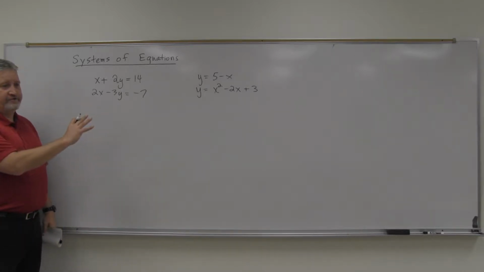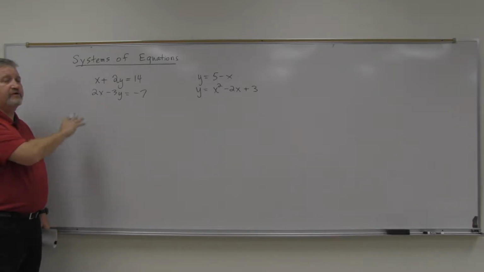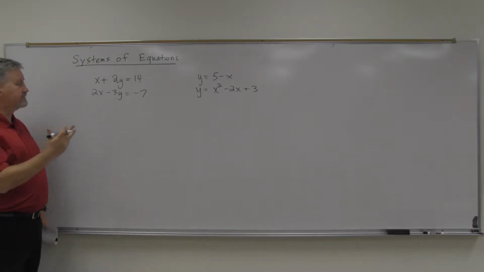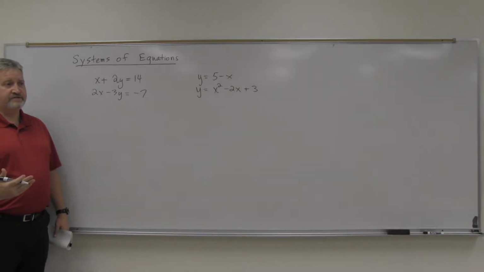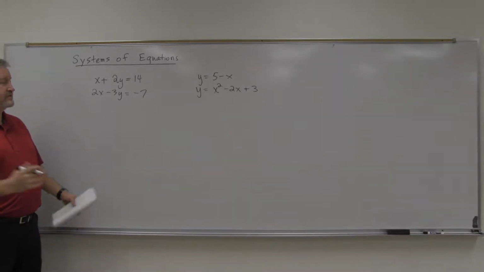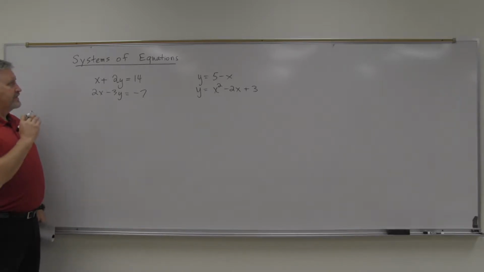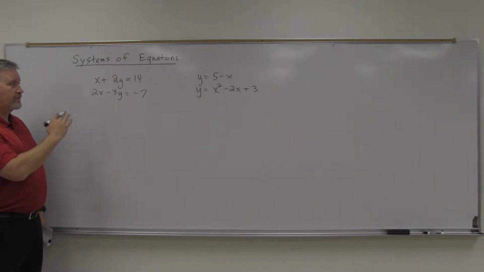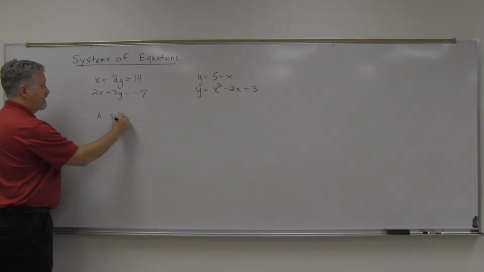So a solution to a set, and now these are two equation systems with two variables. We'll talk about three variable equations and three equation systems later on, but right now we're talking about two equation systems, and so a solution is an ordered pair.